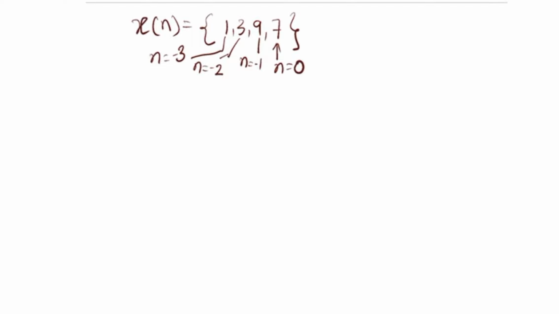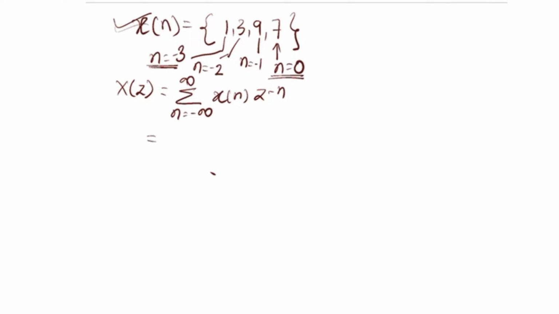Now when we have to calculate the Z transform, we can use the formula summation n from minus infinity to plus infinity x[n] z to the power minus n. Now in our signal, the n ranges from minus 3 to 0. So in the next step, we will change the range of summation from minus 3 to 0.